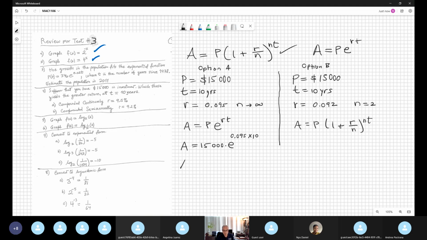Let me know if you have an answer. How much money do you have in the future in option A, option B? Because basically the problem is you compare both options and you make a decision on what yields the greater return.